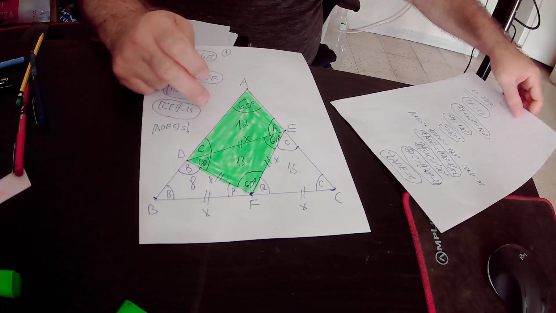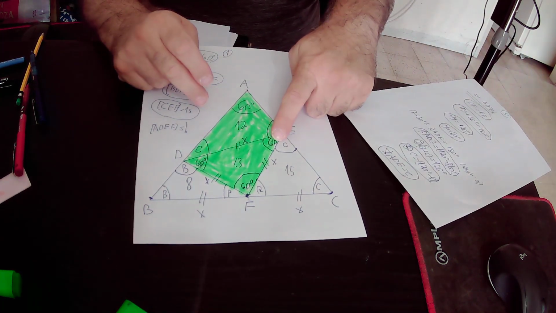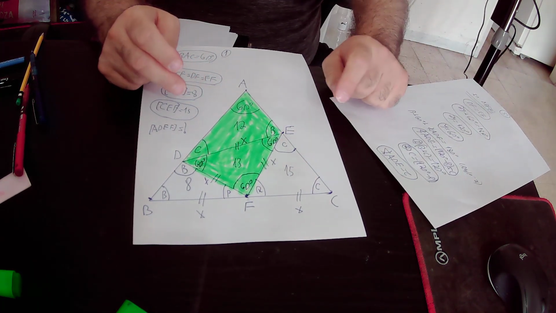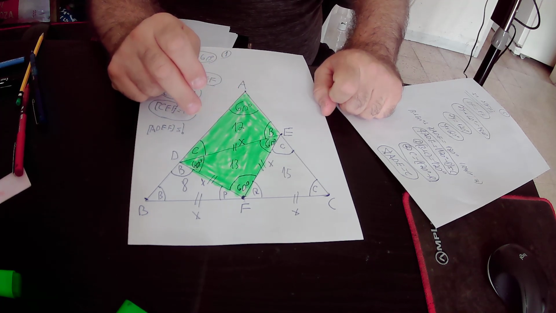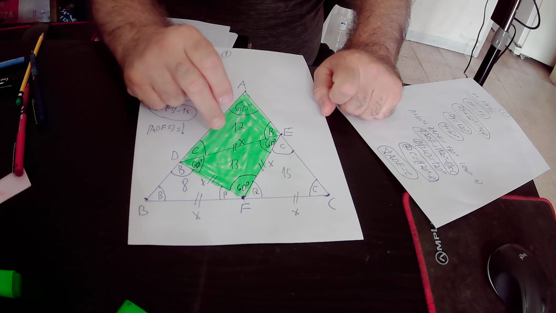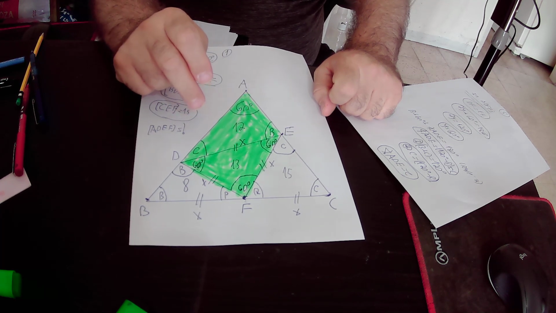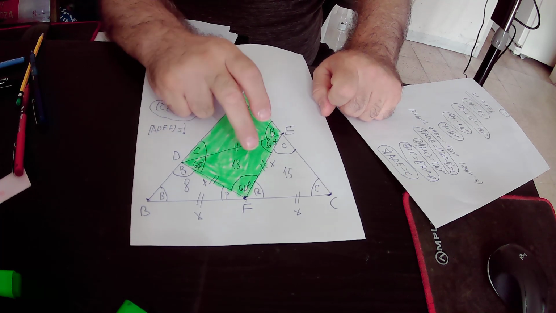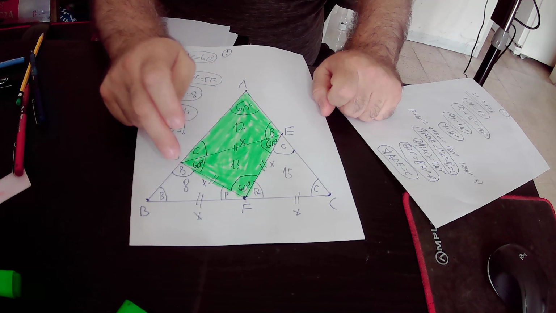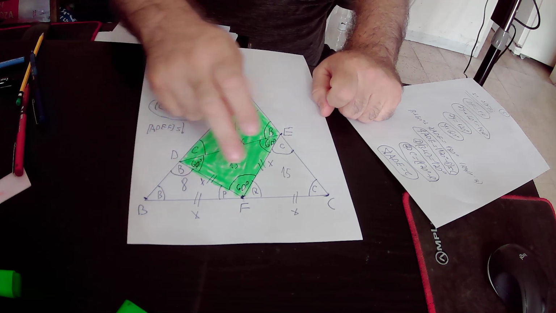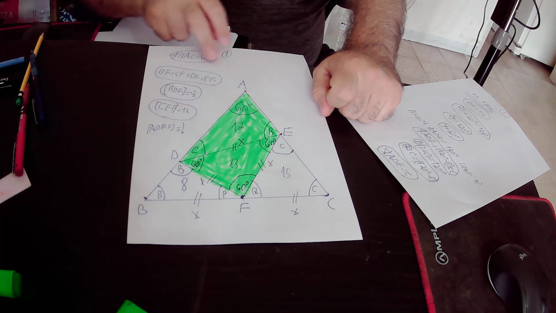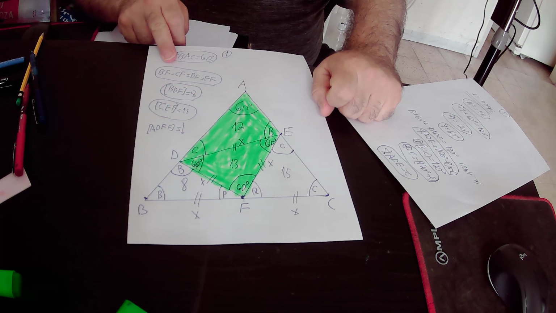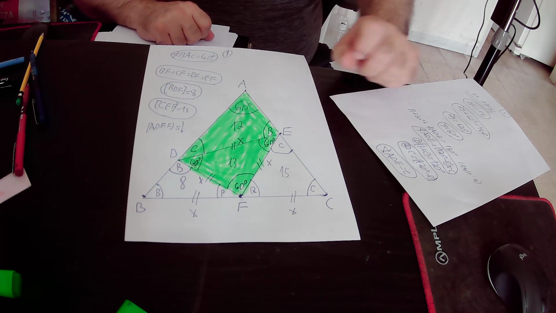So this angle is 60 degrees and this angle is also 60 degrees. Therefore, triangle DFE, this green triangle, is an equilateral triangle. All the sides are equal to each other. So if one side is x, the other sides are also x, and BF is also x, and FC is also x, because all the sides are equal to each other according to what is given in the question.